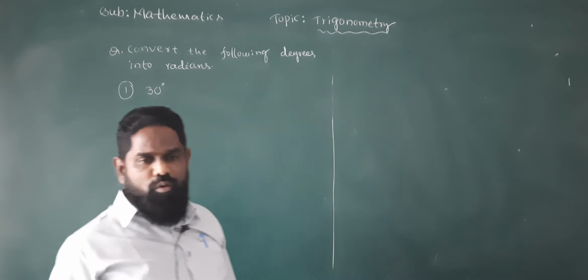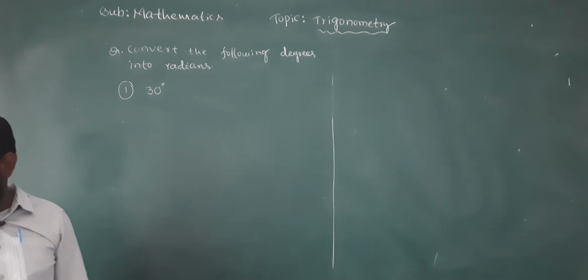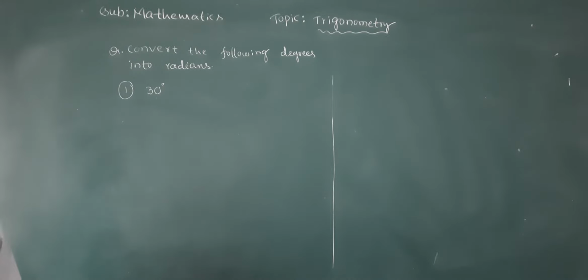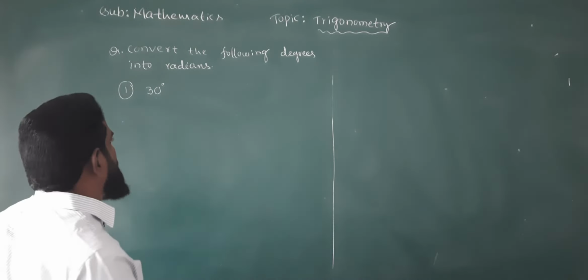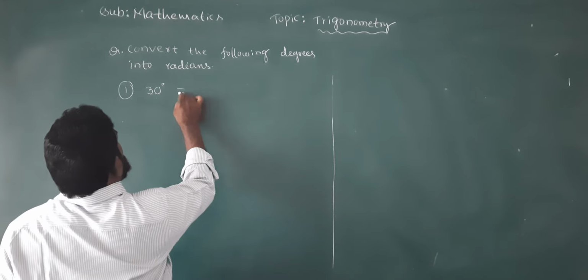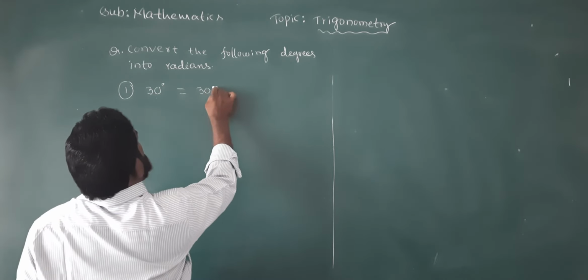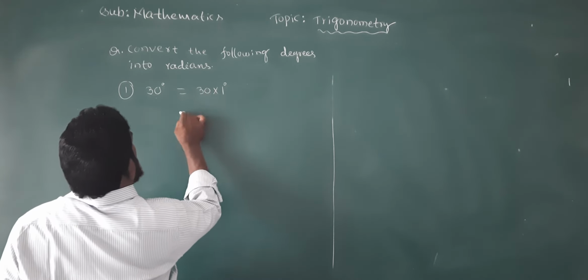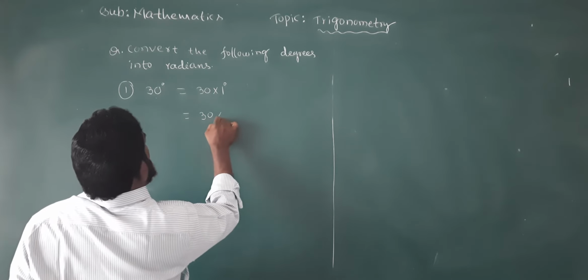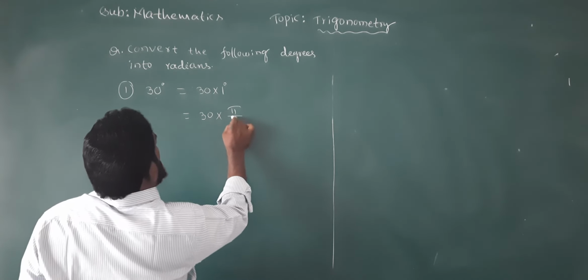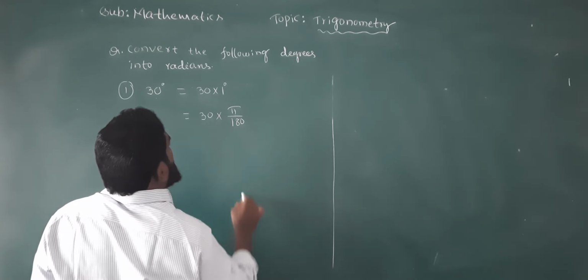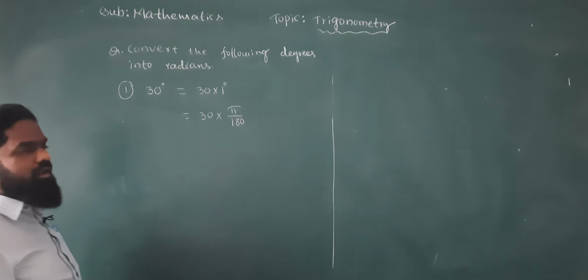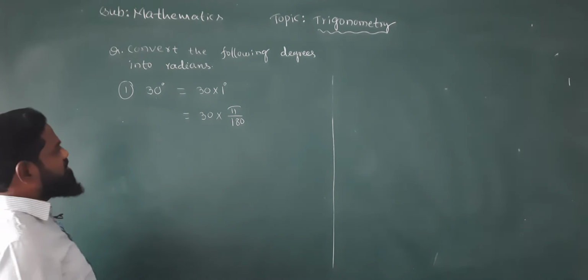I have already told you 1 degree equals how many radians? Pi by 180. This can be written as 30 into 1 degree, equal to pi by 180 radians.